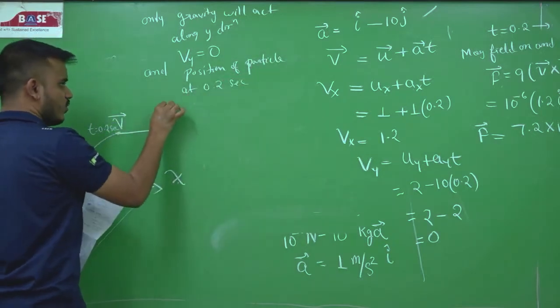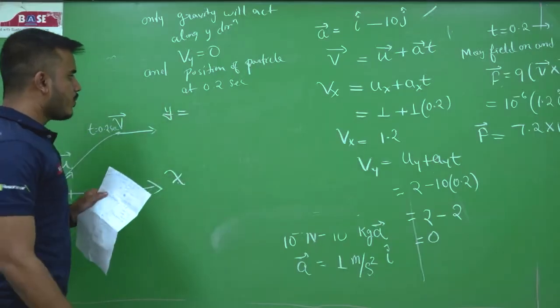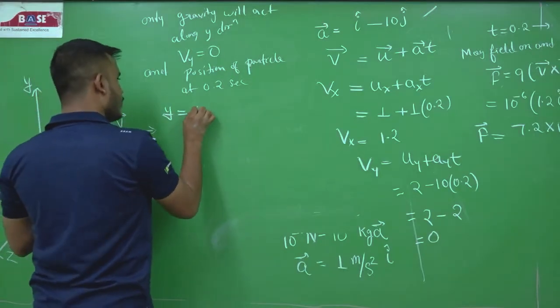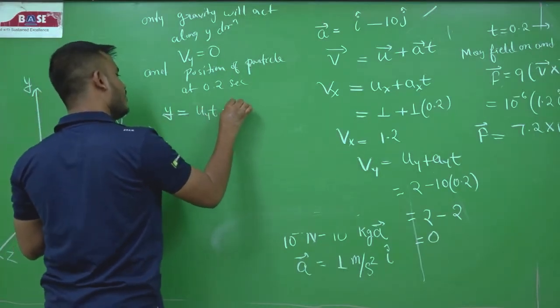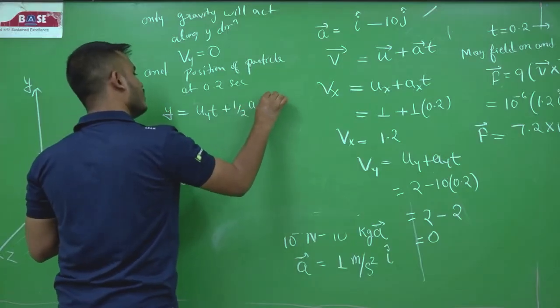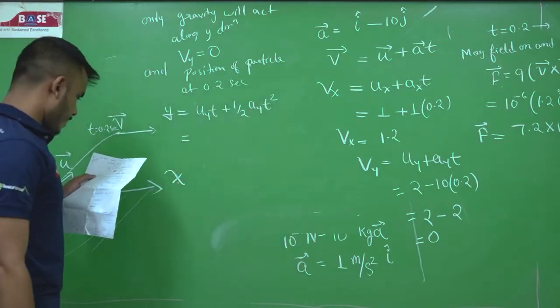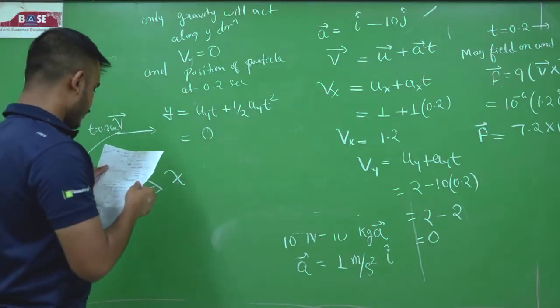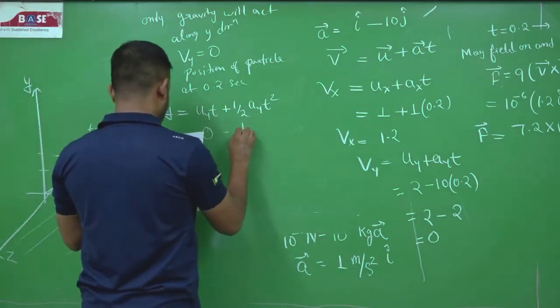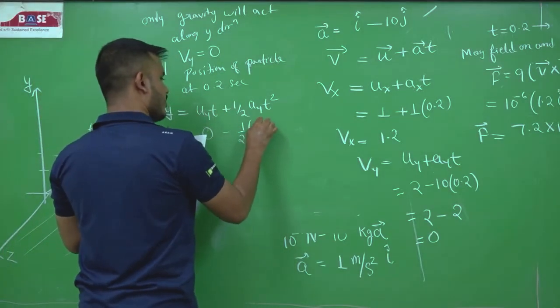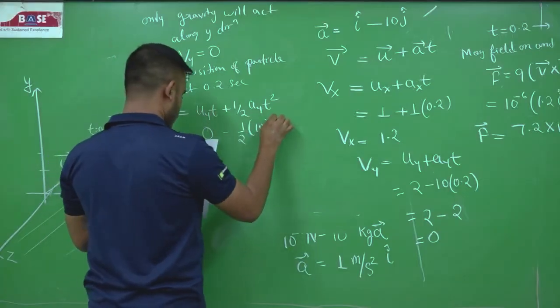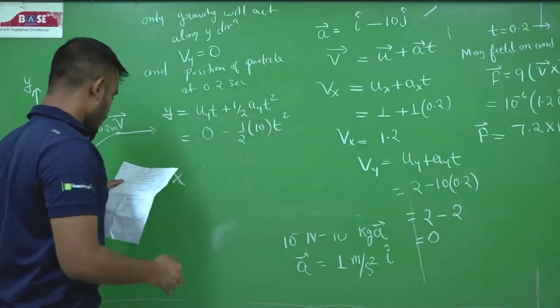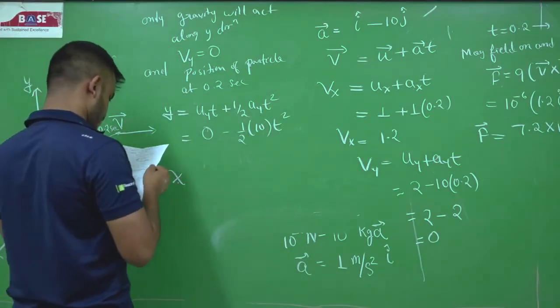So along the y direction, what is the position of the particle? I can use y equal to u_y t plus half a_y t square. So from here, what is the velocity? 0 minus half, what is the value of the gravitational acceleration? 10 t square.